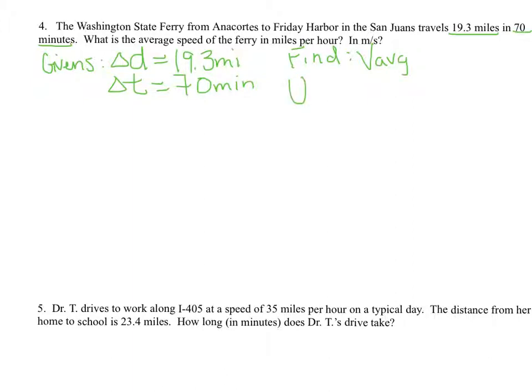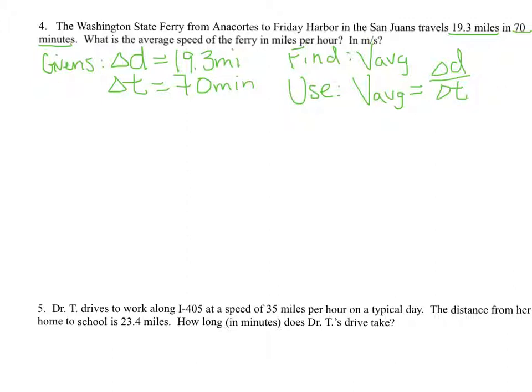So I'm going to use the equation, velocity average equals distance divided by time. All right, and then I'm asked for the speed in miles per hour. So if I take my distance, that's the miles part, over the time, that's what I want hours to be.